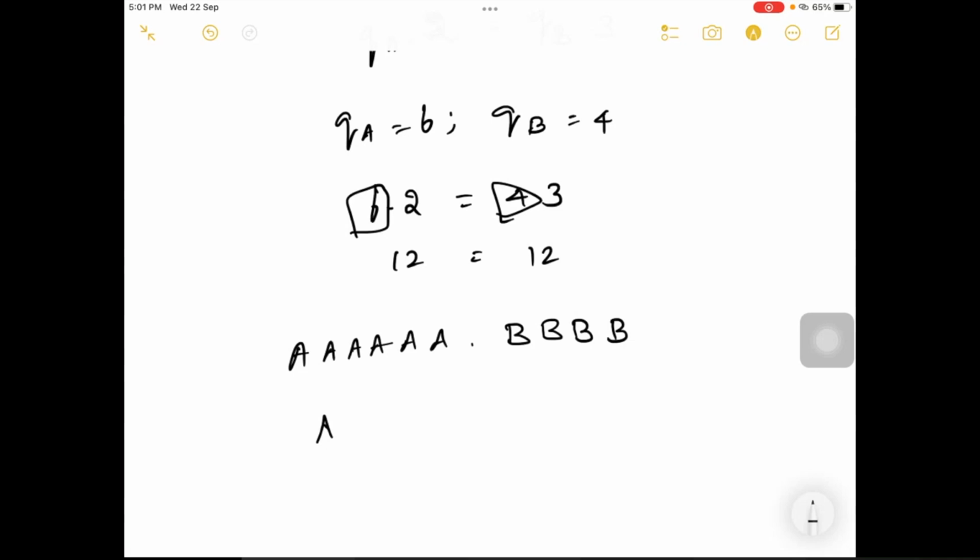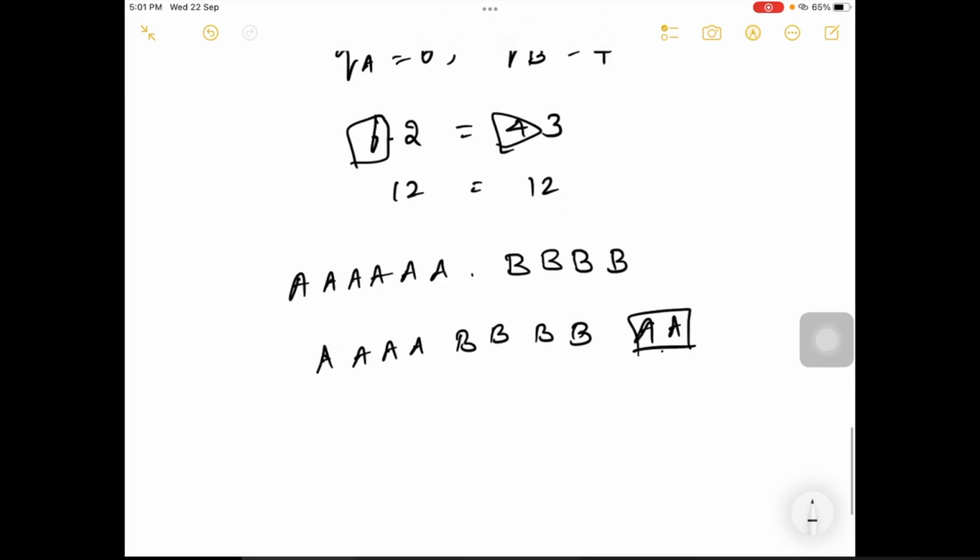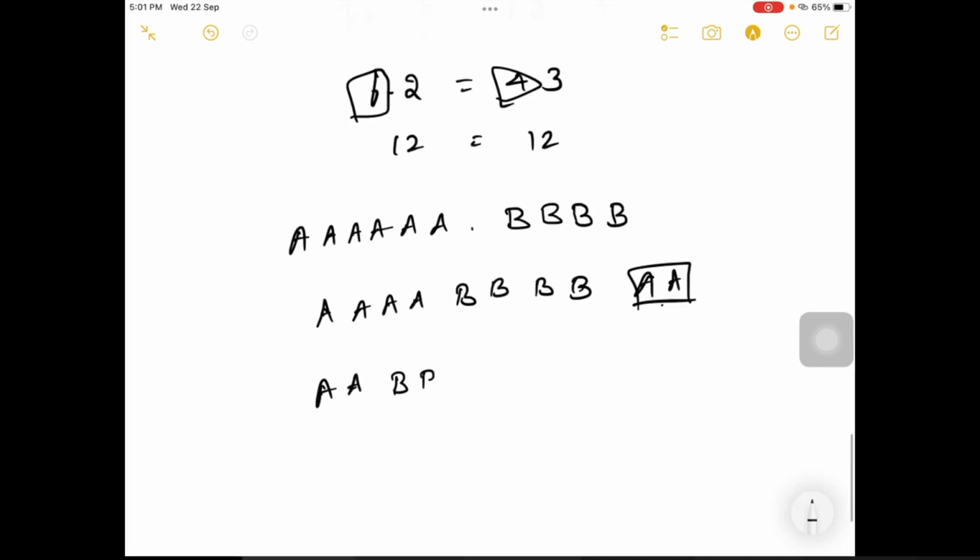Or else we can have A, then B, then A. This may not work because the A has been producing late. In that case, we'll have A, then B, then again A, then B, and another A. So here also this A is getting wasted.